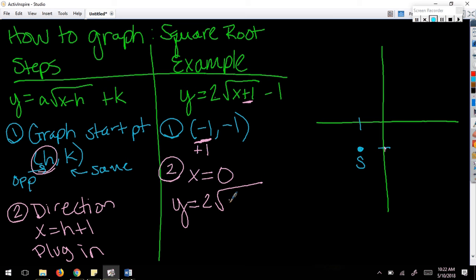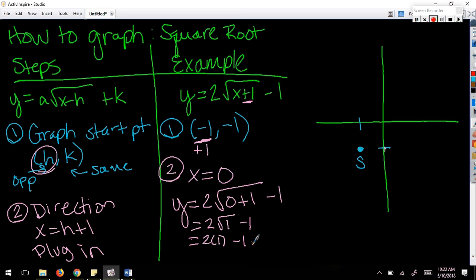2 times the square root of 0 plus 1, minus 1. That's a 0. If you always just add 1 to it, you're always going to get 1 under this radical. 0 plus 1 is 1. What's the square root of 1? What's 2 times 1?